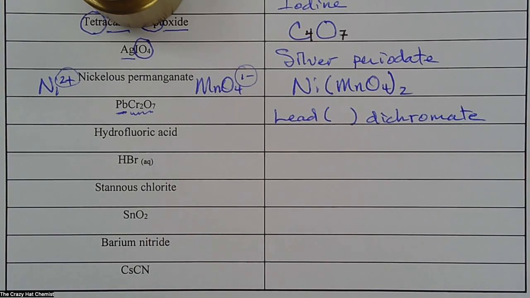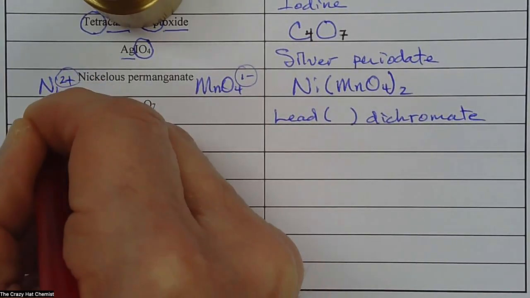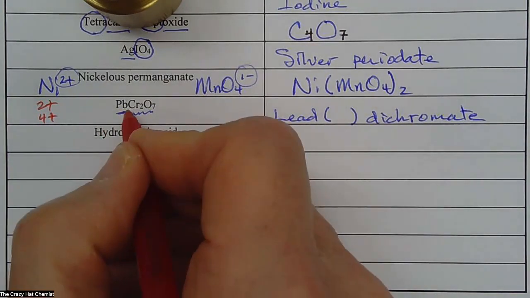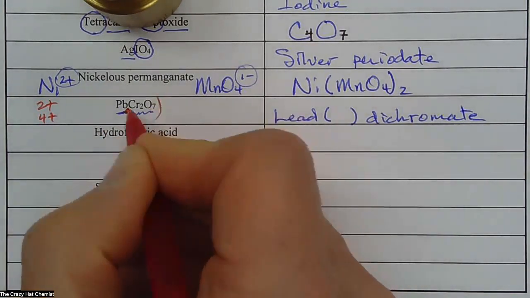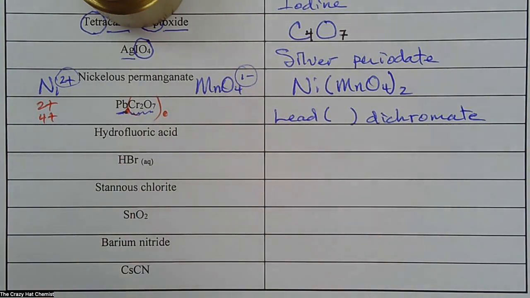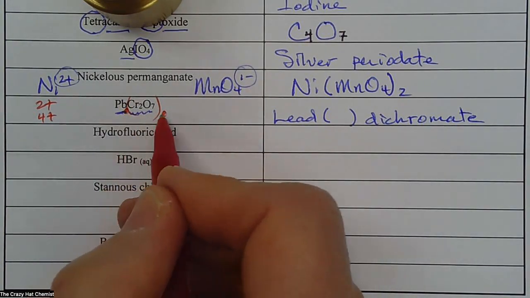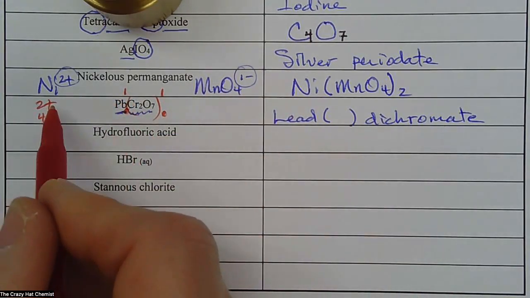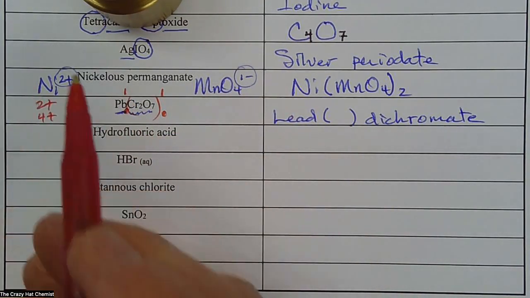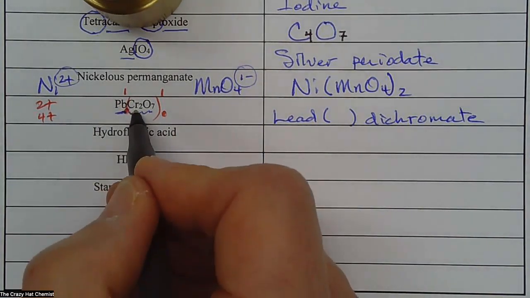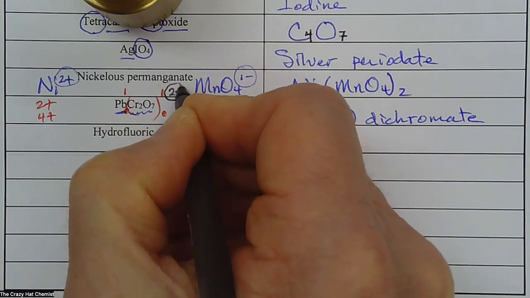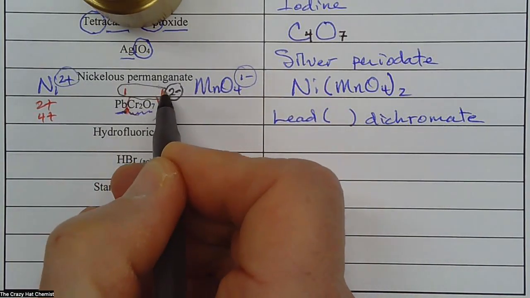Now, there are 2 different charges on lead. There's either a 2 plus or a 4 plus charge on lead. So what we really need to do is understand what's this number right here and what's the number outside the parentheses. So both of these numbers here are 1. So I'm going to flip up the 1. I'm going to flip up this 1. I do know that lead cannot be a 1 plus charge, but I do know that dichromate has a 2 minus charge, and I need to maintain this 1-to-1 ratio.